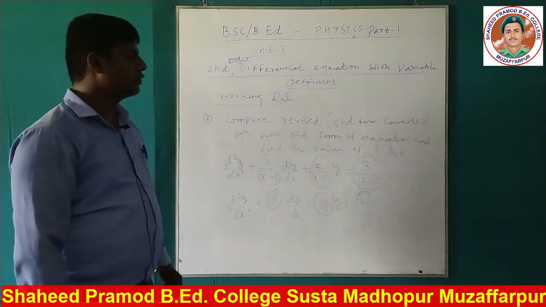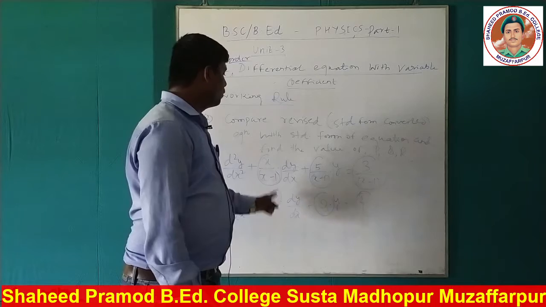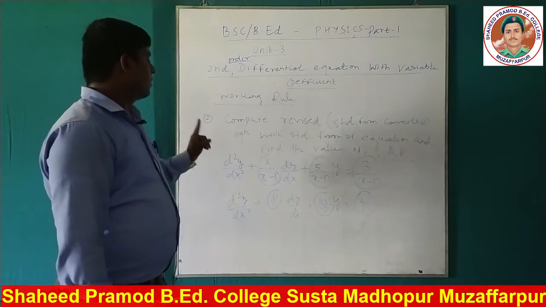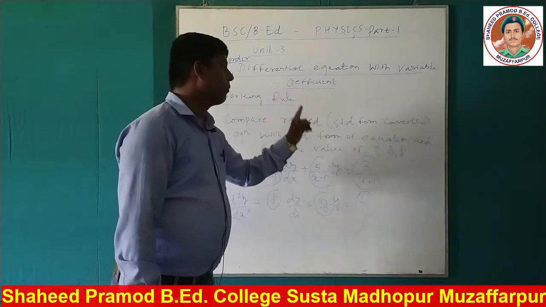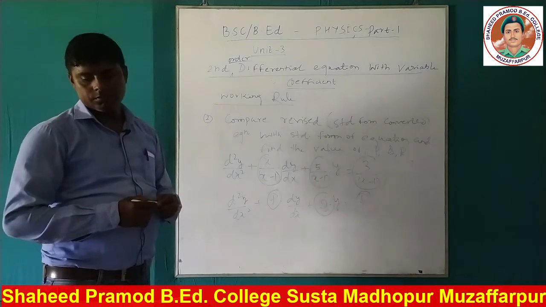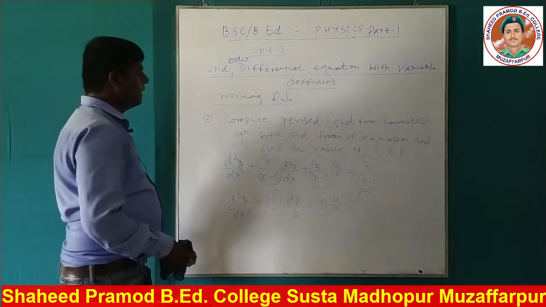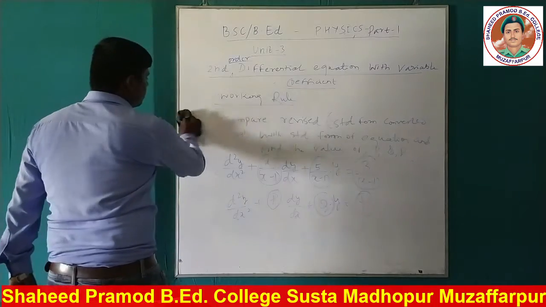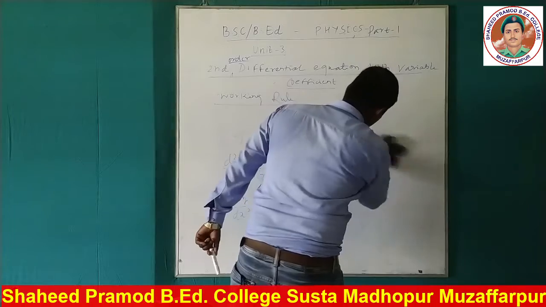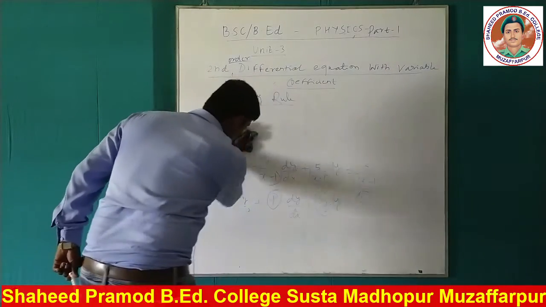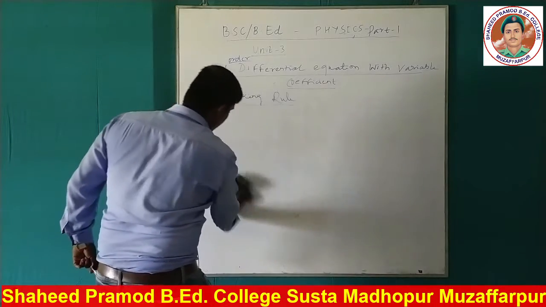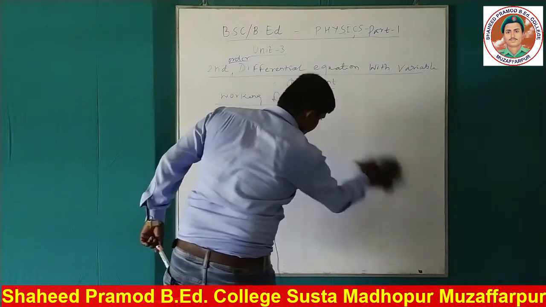So you need to find out the values of P, Q, R by comparing the revised or standard form converted equation with standard form. Okay? Up to here, I think there is no problem. Now, what is the third step?